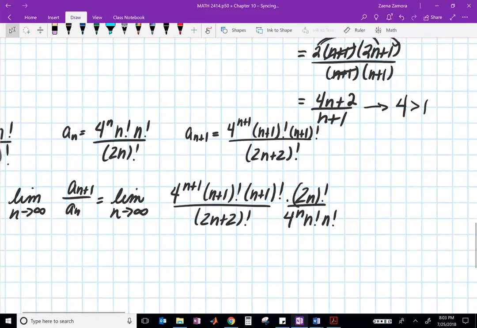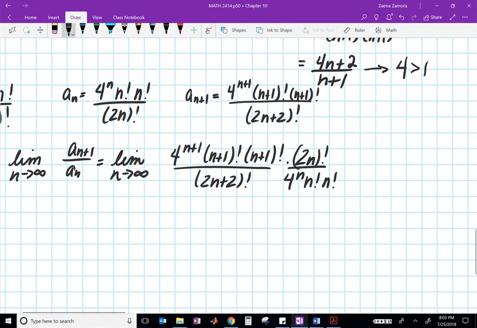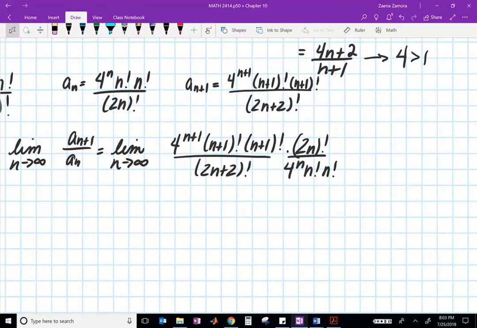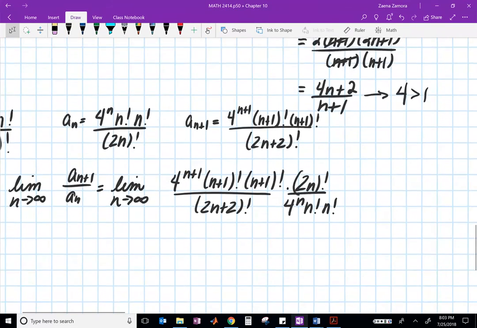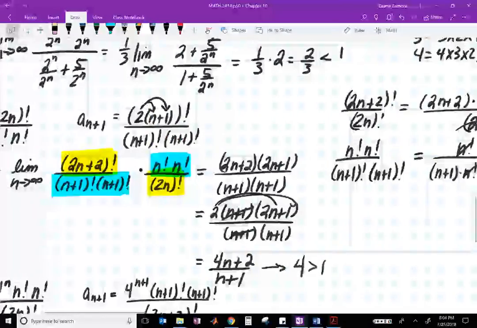All right, again, using the last example as my guide, what's going to happen with the 2n factorial and the 2n plus 2 factorial? What am I going to be left with here? You're close. So look at this one, right? Now it's the opposite.